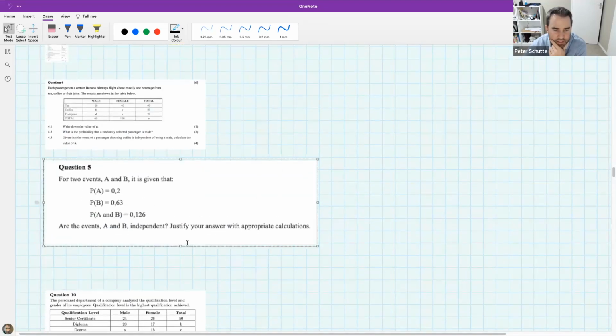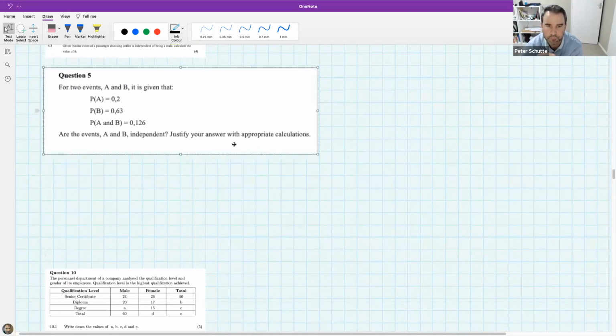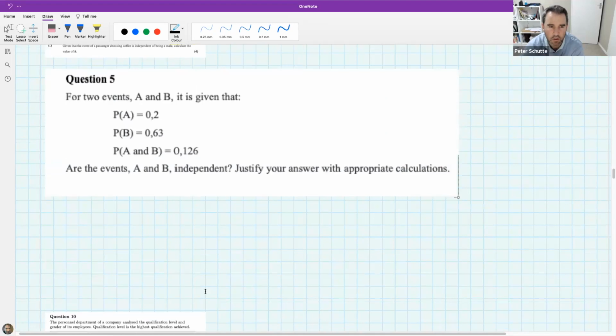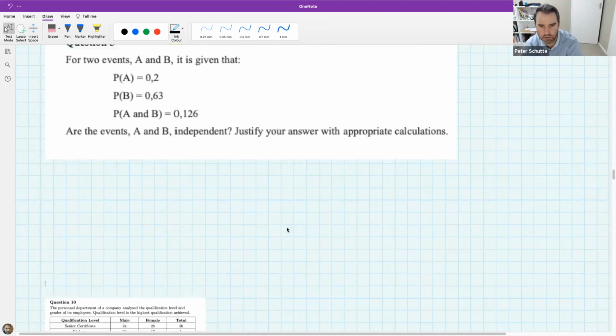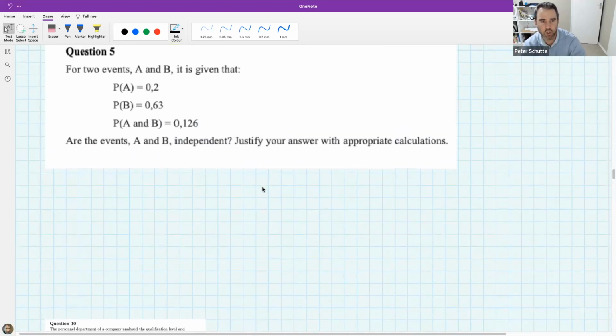Let's do another one like that one, because we've done lots of the table ones today. So there's my question. You are given two events. Are the events A and B independent? Justify your answer with appropriate calculations.